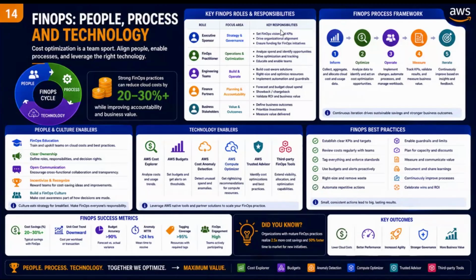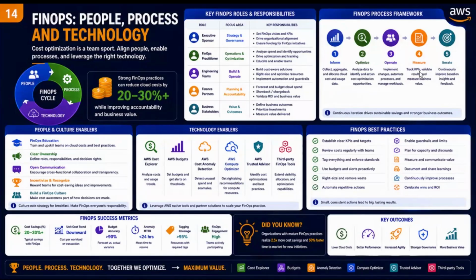The key is the FinOps roles and responsibilities. First, the people definitely have a role with a focus area and key responsibilities, and these responsible people have a framework, which is a working process: inform, optimize, operate, measure, and iterate.